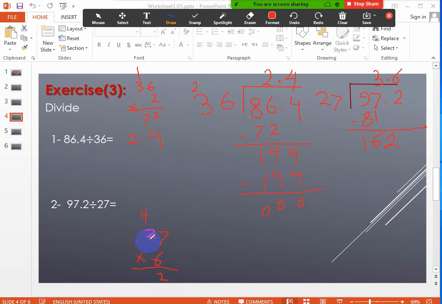Now 6 multiply 2 plus 4 equals 16. Okay, so the same number. Now if we subtract, what is the remainder? Very good, Deem. So the quotient will be 3.6. Thank you, Deem.